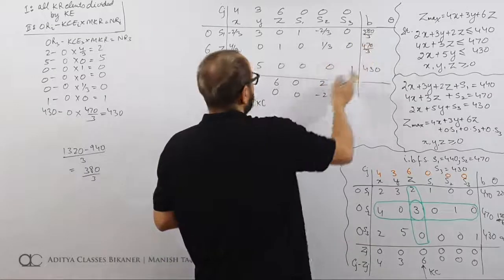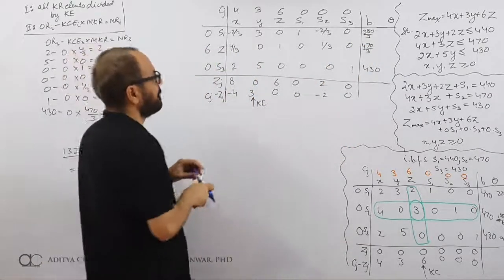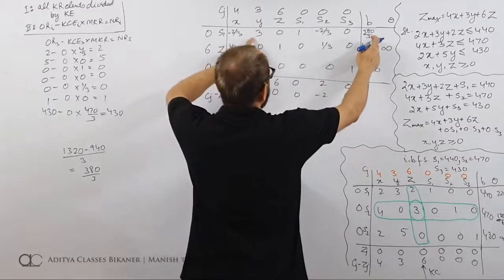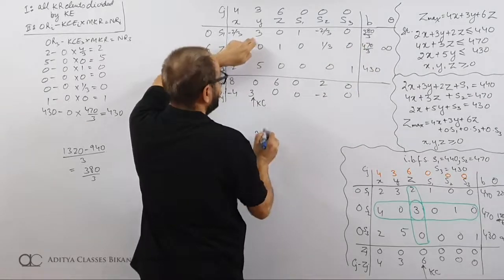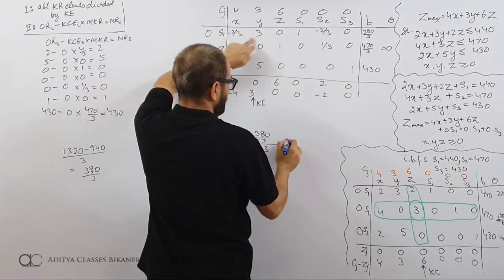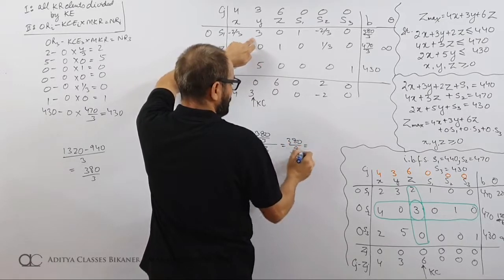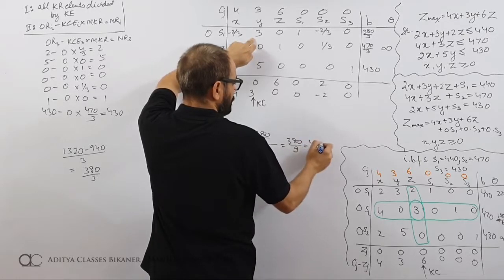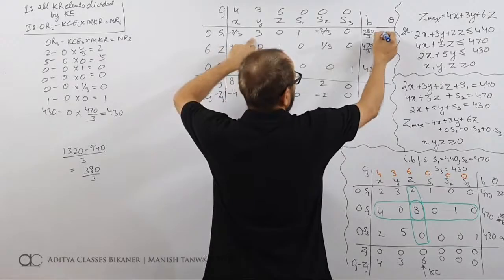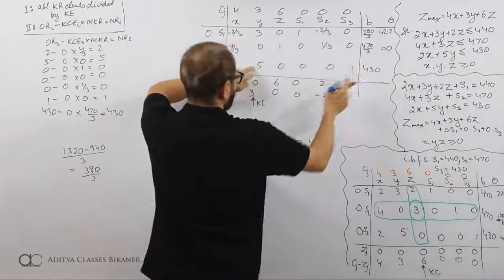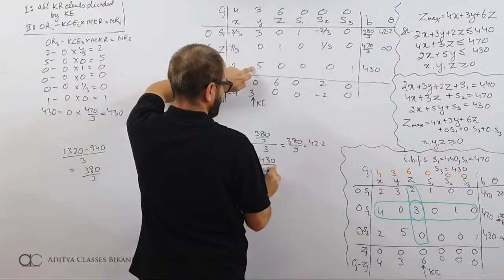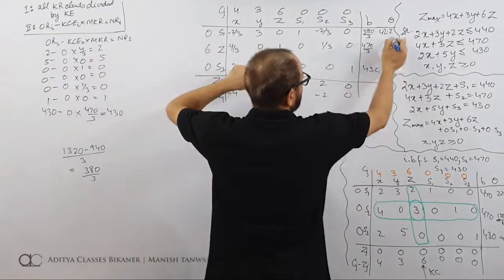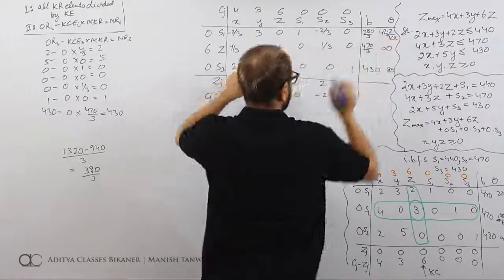Dividing the B by the key column, I get my thetas. 470 divided by 0 is infinite. 380 by 3 divided by this 3 makes it 380 by 9, which is 42.2. Then 430 by 5: 5 8s are 40, 5 6s are 30. So this is the least positive, giving me my key row.